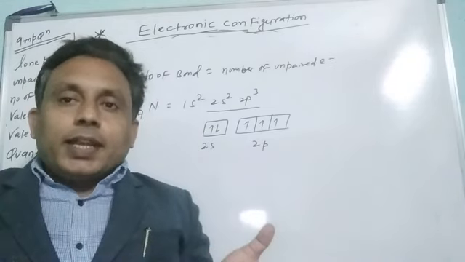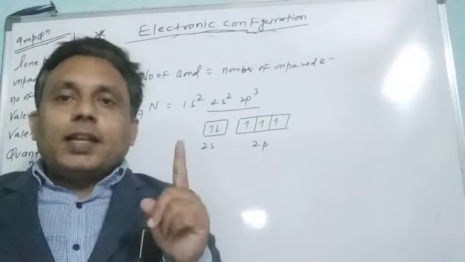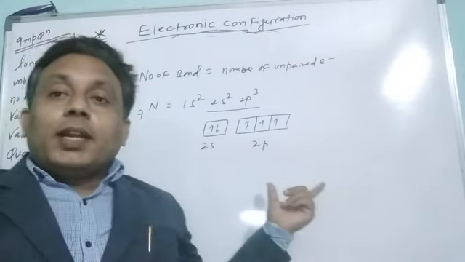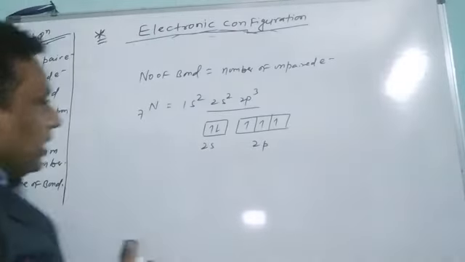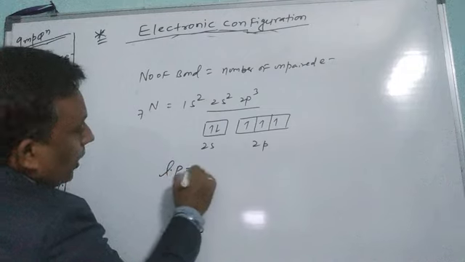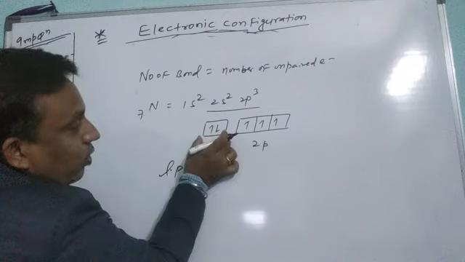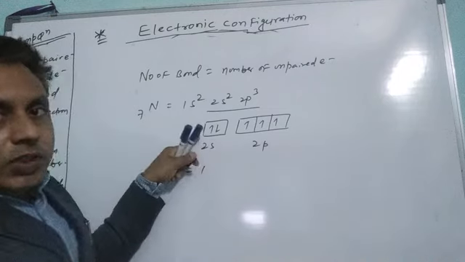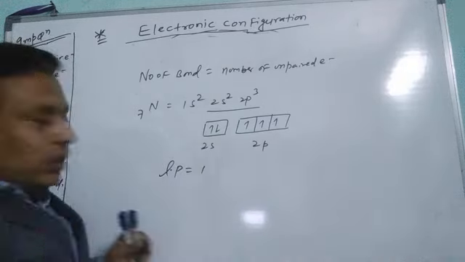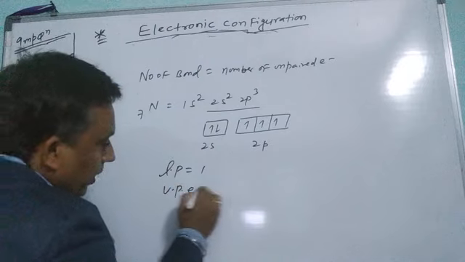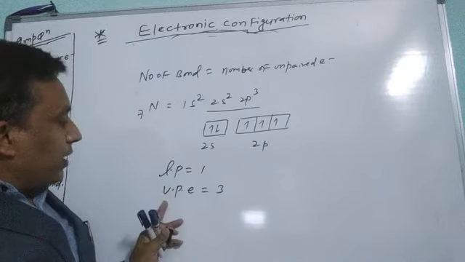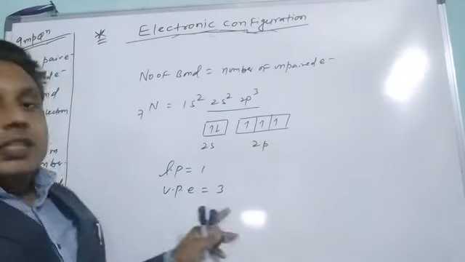And if a suborbital contains a single electron, then it is counted as an unpaired electron. So in case of nitrogen, lone pair is 1 because this box contains 2 electrons. How many boxes contain a single electron? Unpaired electrons are equal to 3. 3 boxes have a single electron, so unpaired electrons are 3. Okay.